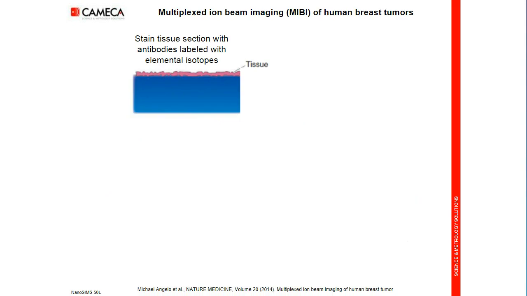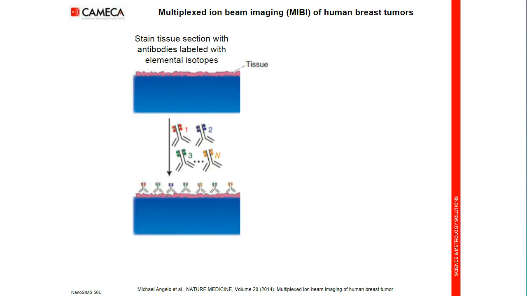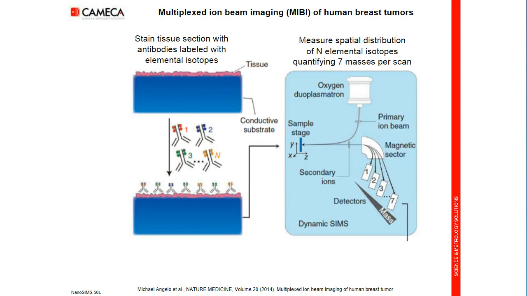So similarly to immunohistochemistry, the tissue sections are stained with antibodies, but each specific antibody is labeled with one specific metal, or specific isotope of one metal, and is analyzed with the NanoSIMS. The NanoSIMS can collect 7 masses in parallel, and if we move the magnet or move the detector, we can analyze 7 others and 7 others as we want.